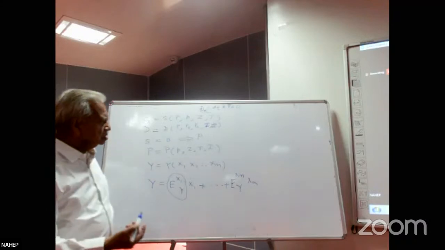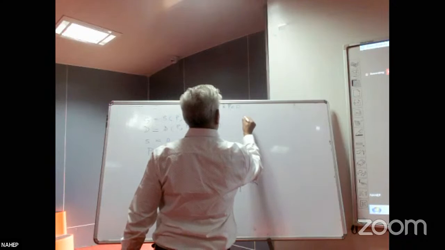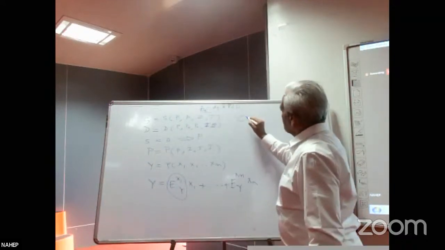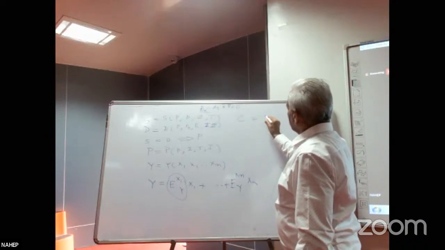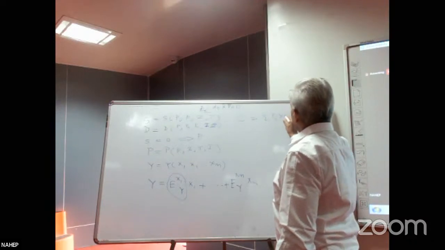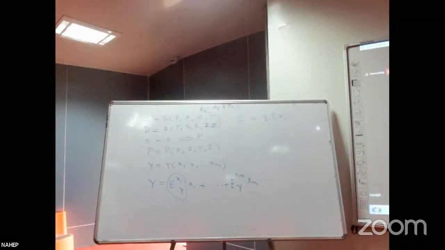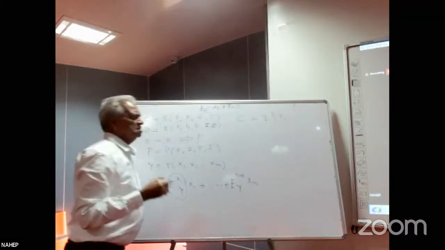So similarly, your cost model. What is the cost? The cost is your summation Pi Xi. This is the cost of cultivation. Pi is the price of each input, and Xi is the input quantity.